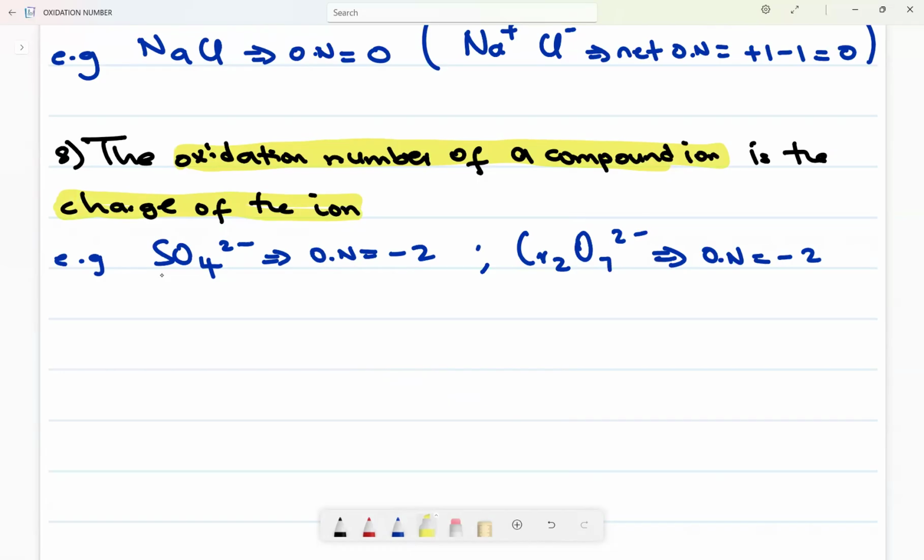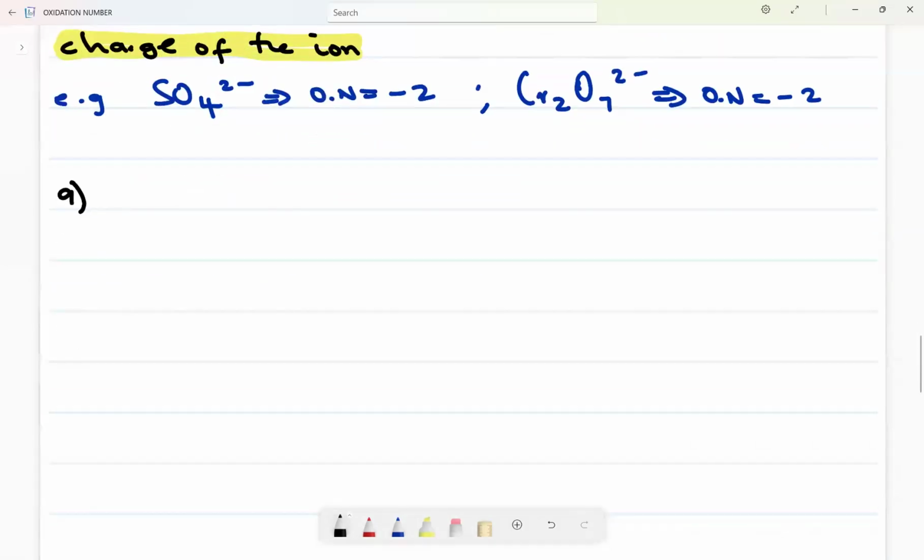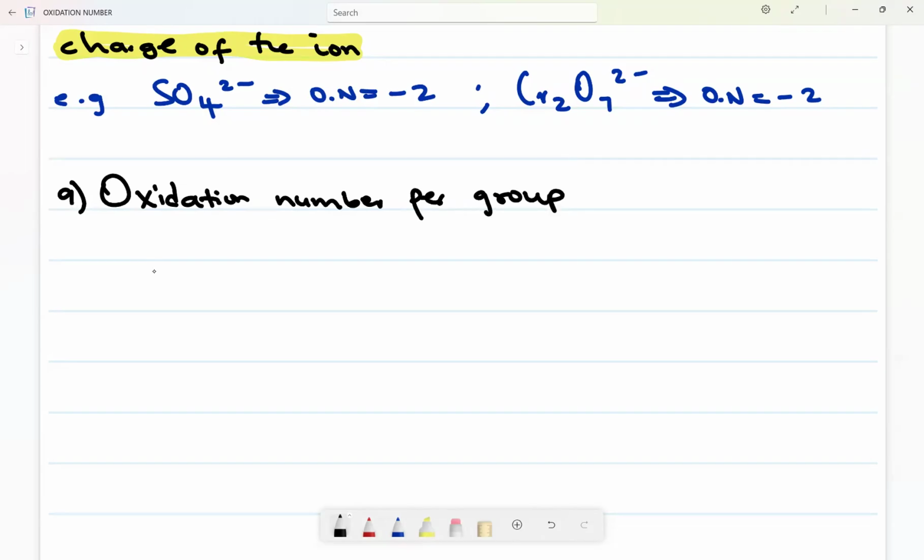This should make sense. And on number 9, well, this is what you already know, the oxidation number per group. I already explained that in the periodic table, but I'll just write it per group.